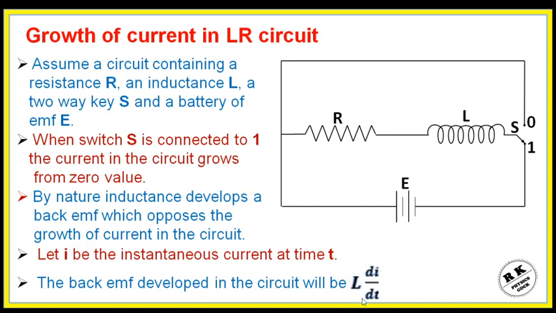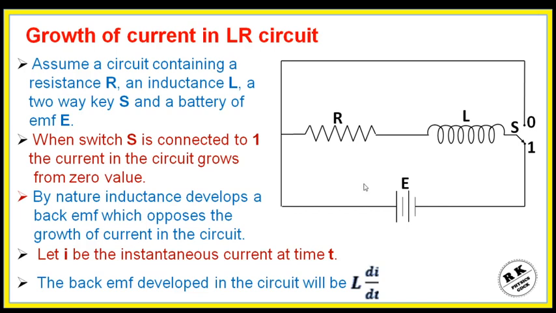It is called back EMF because it will oppose the existing EMF in the circuit. That is the reason the effective EMF becomes E minus L di/dt, which will be equal to the potential drop across the resistor.